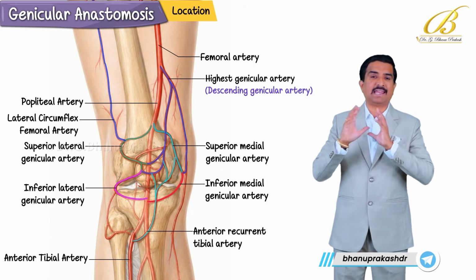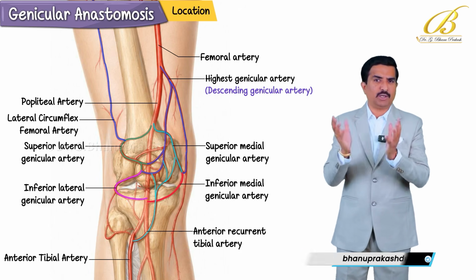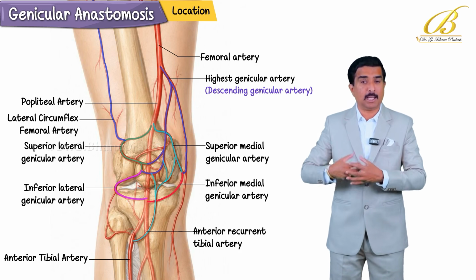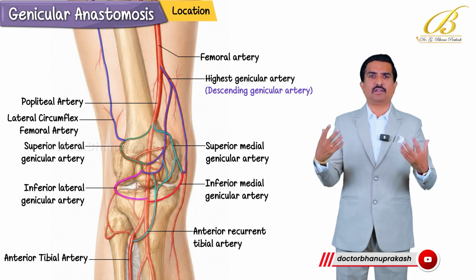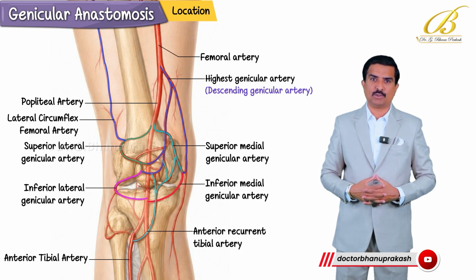This is how the anastomotic network is formed. Together they form a 3D anastomotic web that encircles the joint posteriorly, medially, laterally and anteriorly. So all these are the arteries which form the beautiful genicular anastomosis around the knee joint.